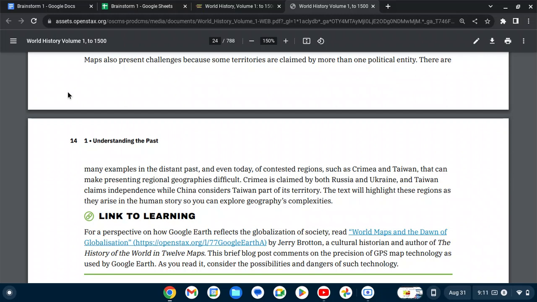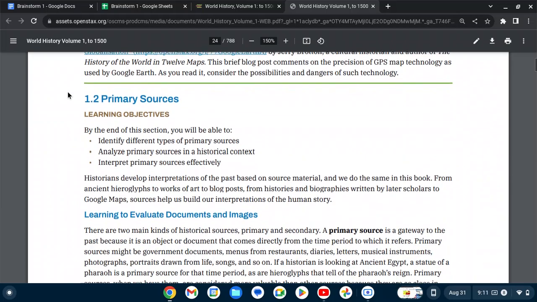There are many examples in the distant past and even today of contested regions, such as Crimea and Taiwan, that can make presenting regional geographies difficult. Crimea is claimed by both Russia and Ukraine, and Taiwan claims independence while China considers Taiwan part of its territory. The text will highlight these regions as they arise in the human story so you can explore geography's complexities.